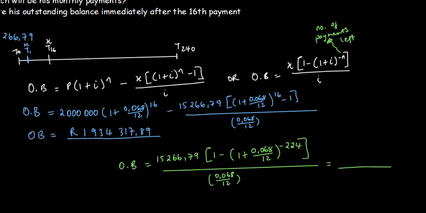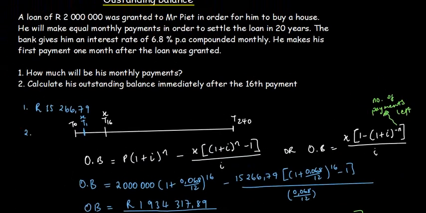Can I ask a question? Yeah. We've already taken out the 8 payments. The person missed 8 payments, right? No. Remember, this one is straightforward. It's just saying a loan was granted, and then he makes his payment 1 month after the loan was granted.